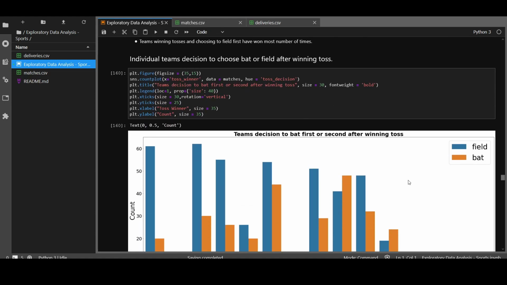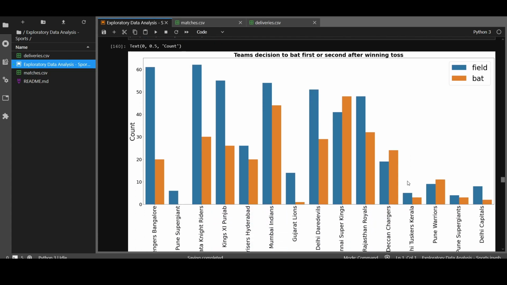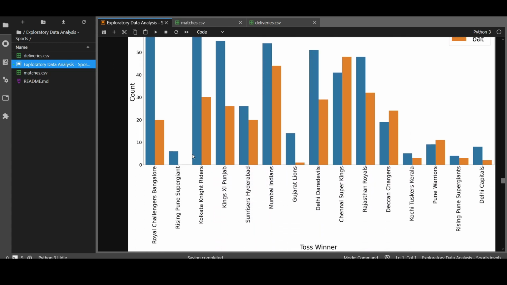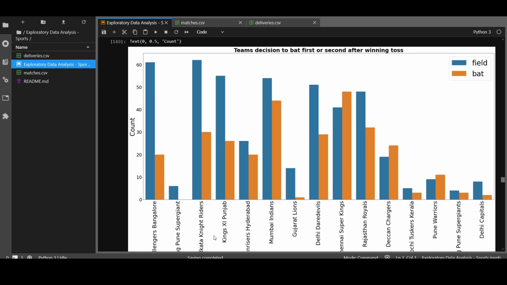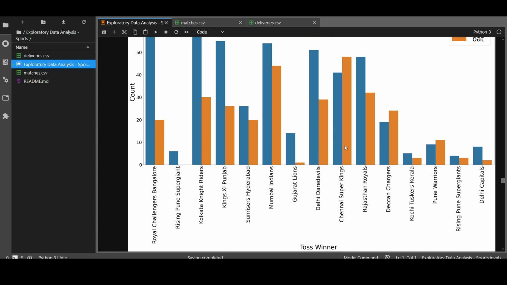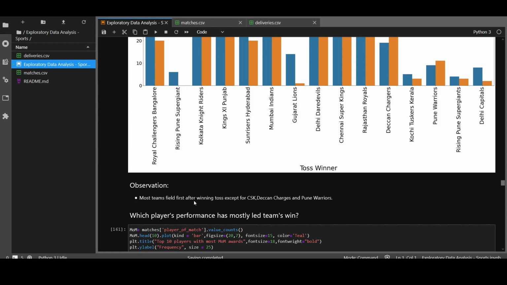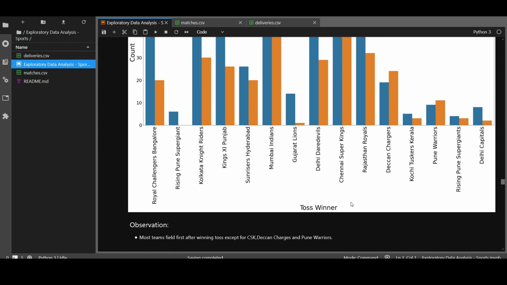So these are the individual teams' decisions to choose bat or field after winning the toss. These are the teams, this is the count. With this observation, we can see that most teams field first after winning the toss, except CSK, Deccan Chargers and Pune Warriors.